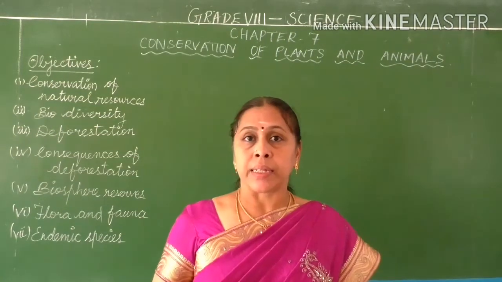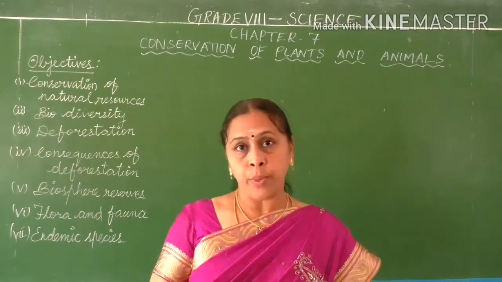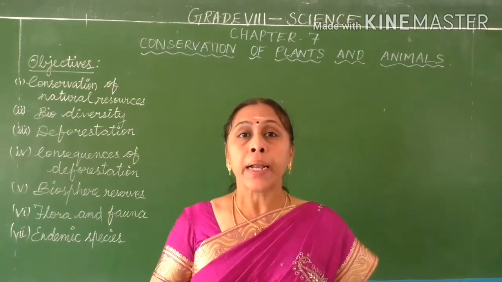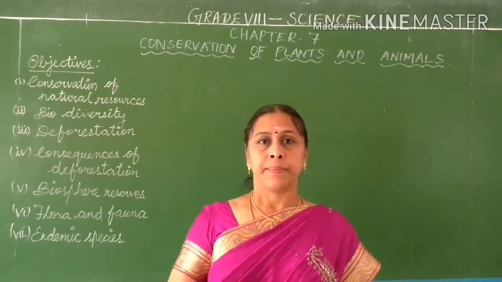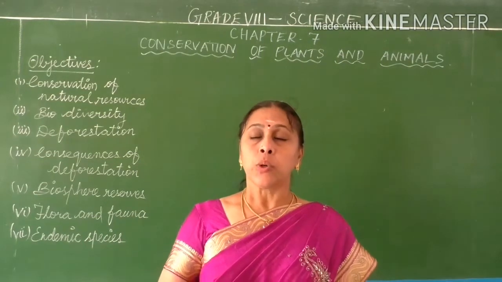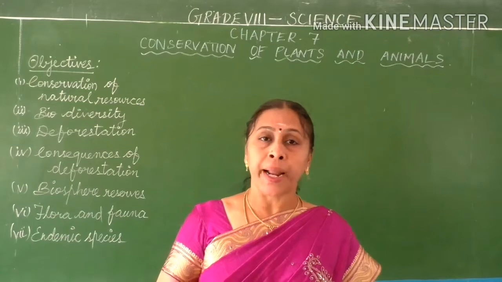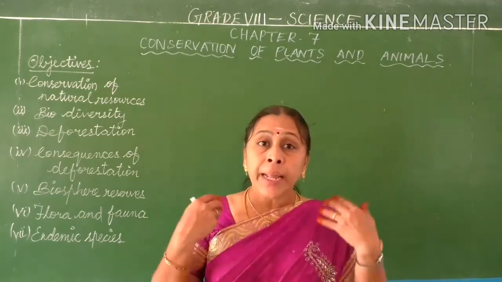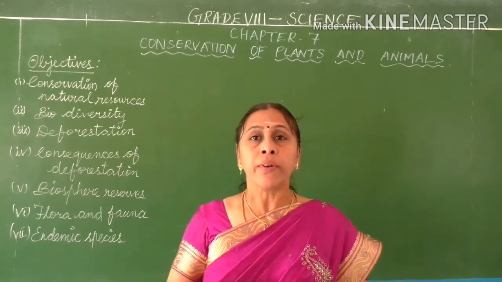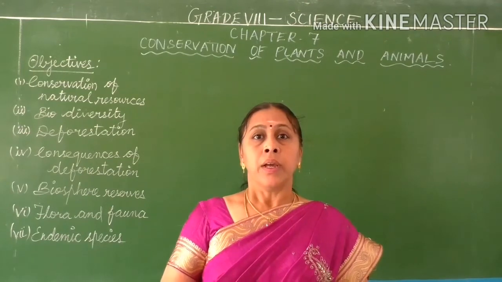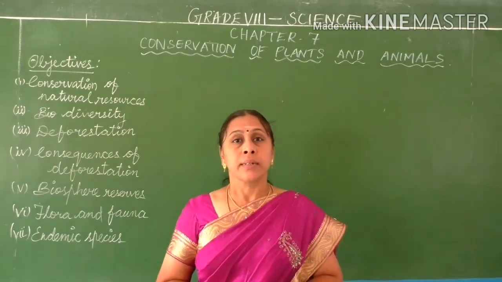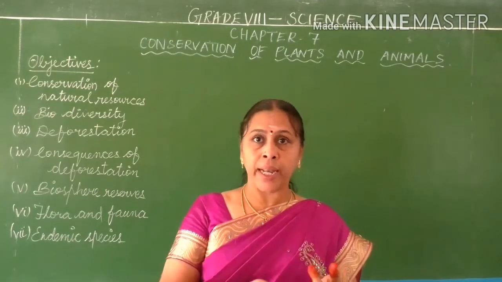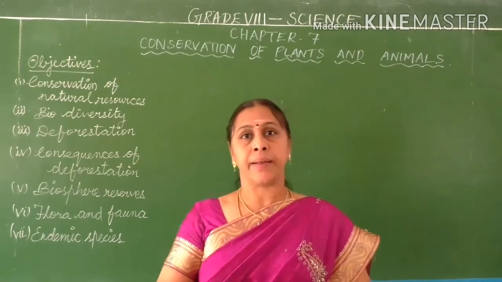That means we living beings, not only human beings but also plants and animals, depend on natural resources. Is it not? Natural resources comprise both living and non-living things. We depend on them for our life. The natural resources include air, water, soil, plants, animals, everything.